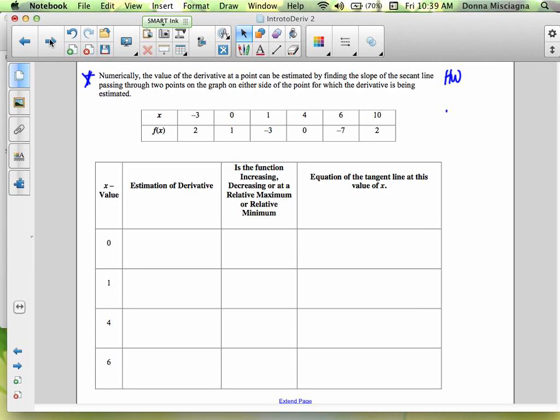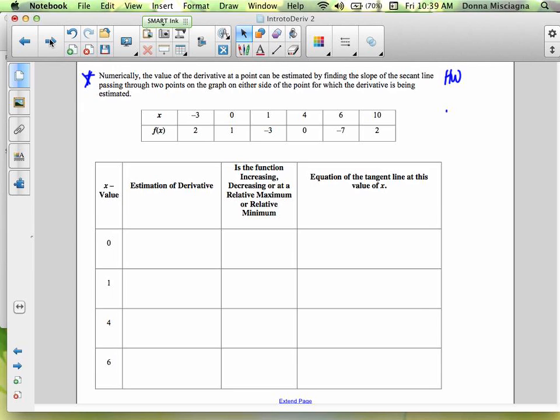And then I have a table for you. I'm going to do a similar problem like this in the next Nearpod. So if you do get confused, watch that next Nearpod, and that should help you out with it. All right, so numerically, the value of the derivative at a point can be estimated by finding the slope of the secant line passing between 2 points on the graph. So you're estimating the derivative here with the slope of the secant line. I think you should be okay on this. And use points as close to the point as possible.